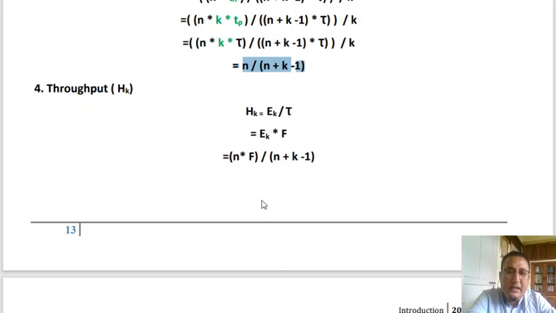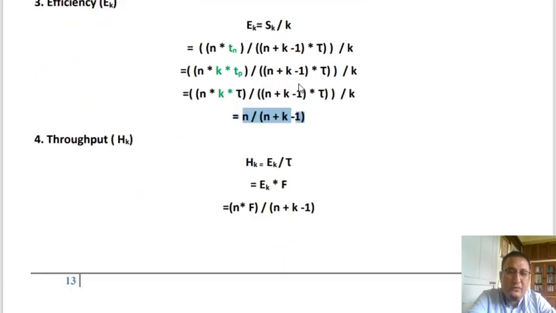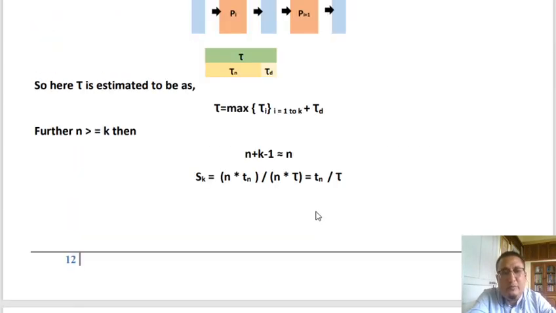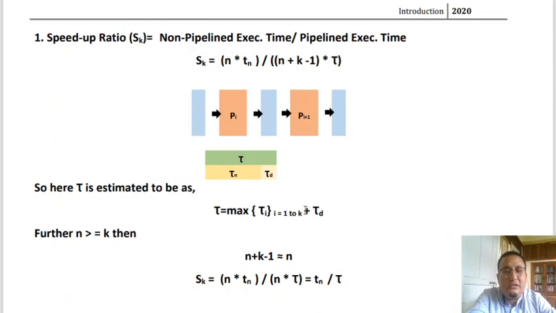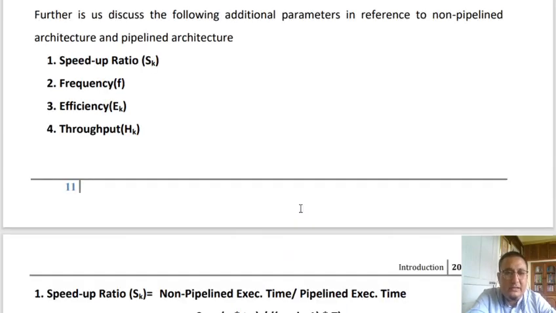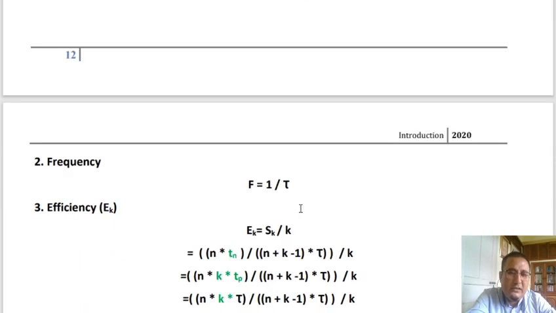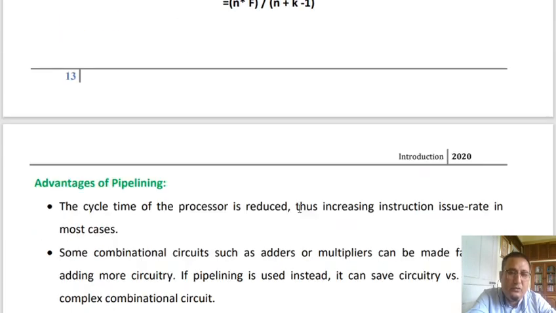We already have the representation for efficiency, n by n plus k minus 1, so the representation for throughput would be n into f by n plus k minus 1. So these are the four important attributes that we need to discuss whenever we are discussing pipelining architecture, right? That is speed up ratio, then frequency, then efficiency, and then throughput.